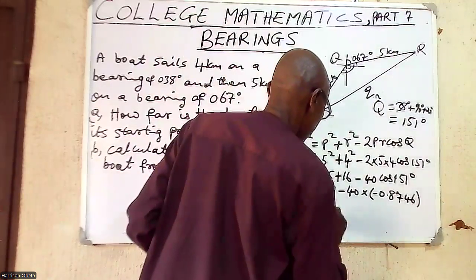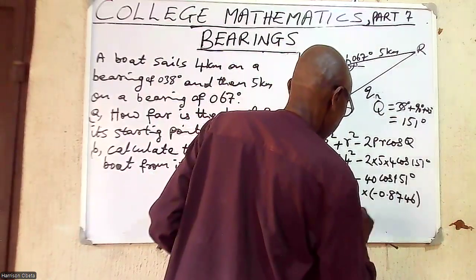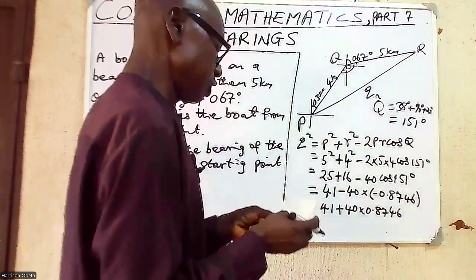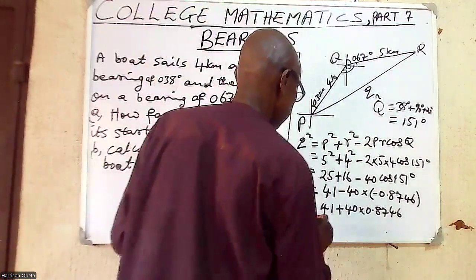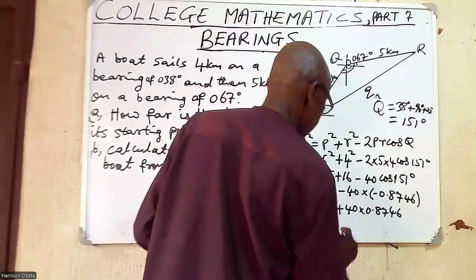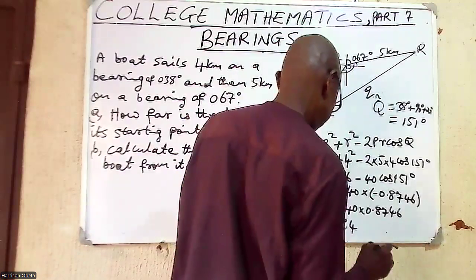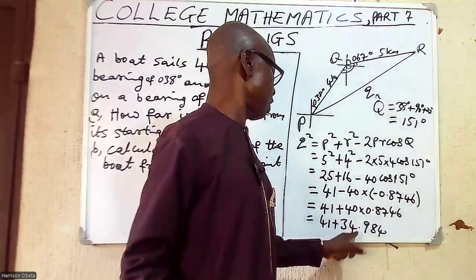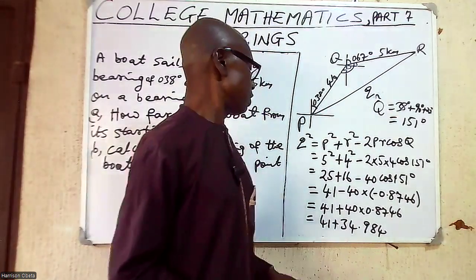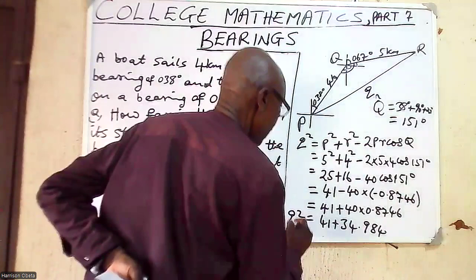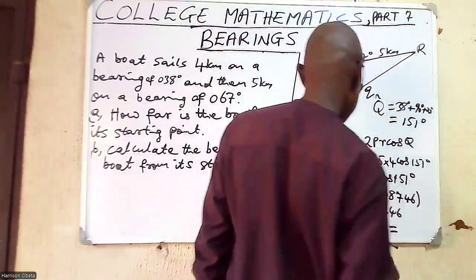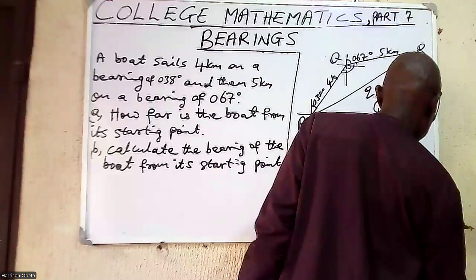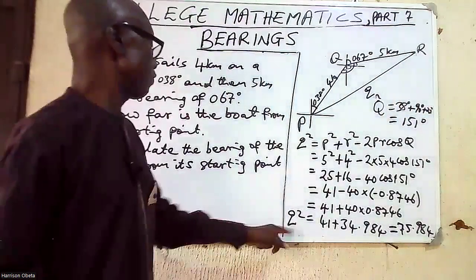So we now have 41 plus 40 times 0.8746, which gives 41 plus 34.984. So q squared finally gives us 75.984.